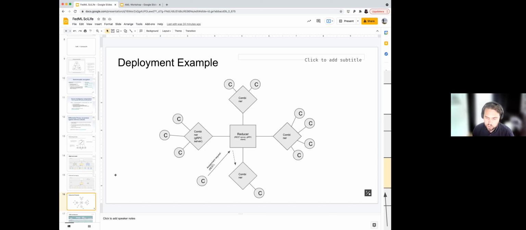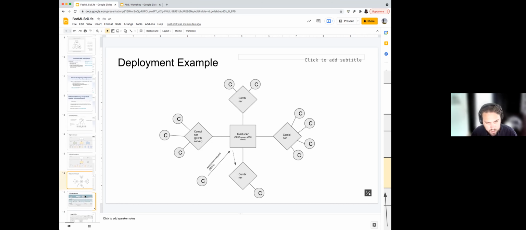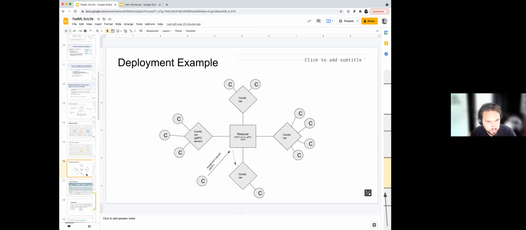If you want to collaborate with similar groups in the US, you can have a combiner running there as well. This reduces the traffic over the internet if you have a large number of models. This is particularly interesting for the edge, IoT and mobile computing case.